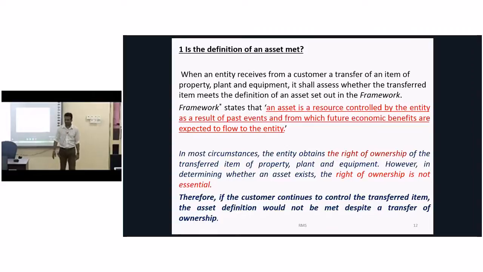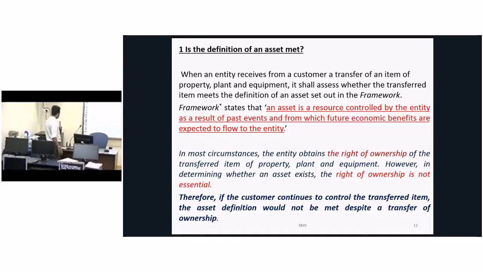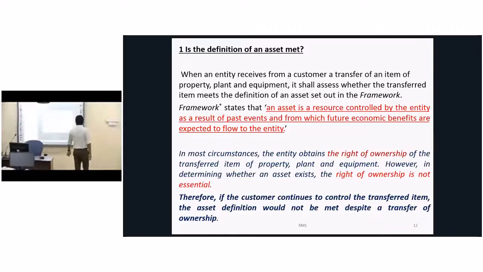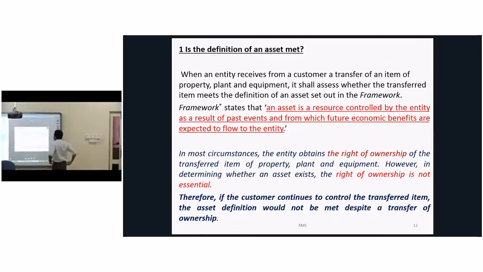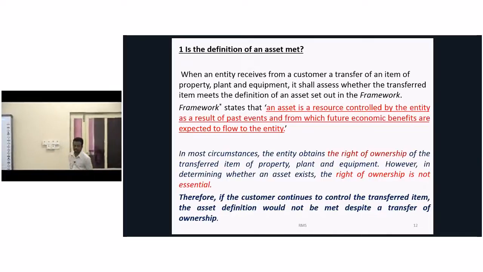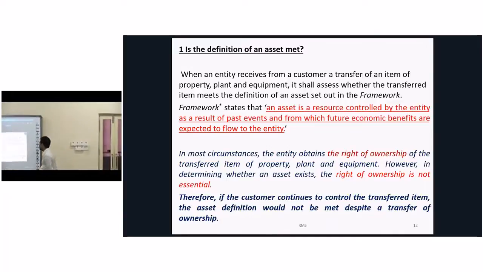Already I gave the answer for this first question. Is the definition of an asset met? Let's see. You know the definition of an asset. We are referring to the accounting framework. Therefore, I don't want to explain it. Already I have explained it.